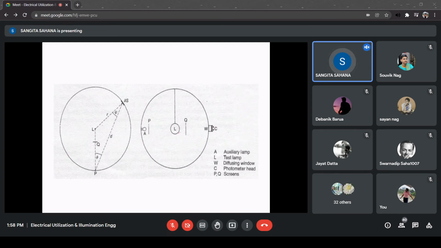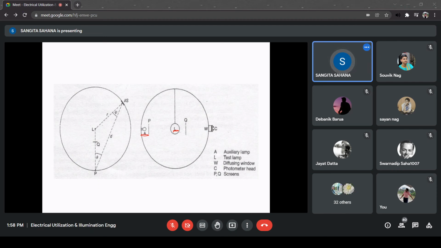Then with the test lamp inside, just switch on the auxiliary lamp. Then we can take the reading here. That is small et. Then the next step, replace this test lamp using the standard lamp. Take the reading, it will be capital ES. Then switch off the standard lamp and switch on the auxiliary lamp. We will get small es.